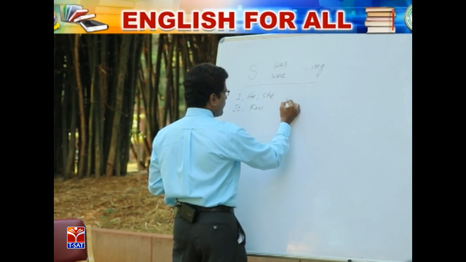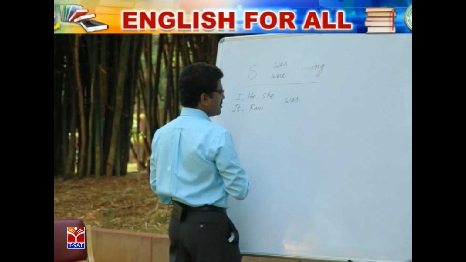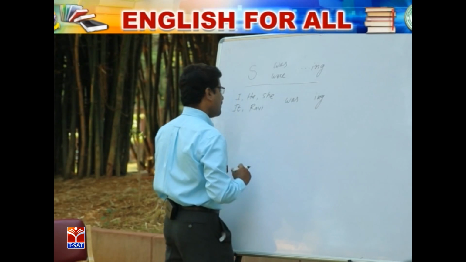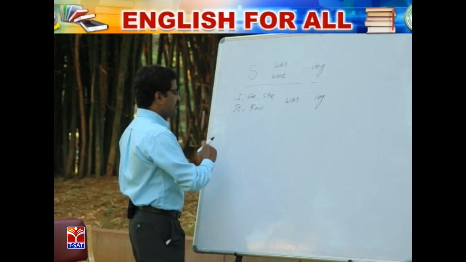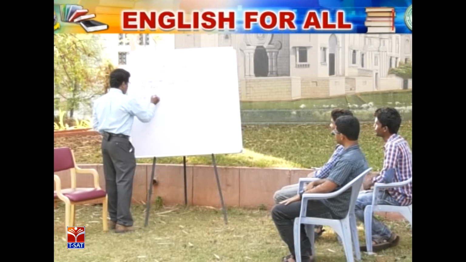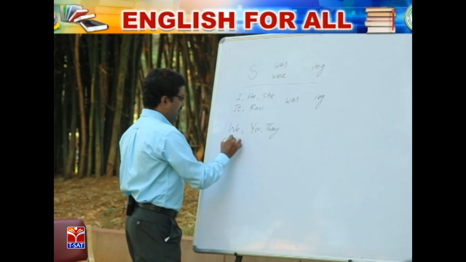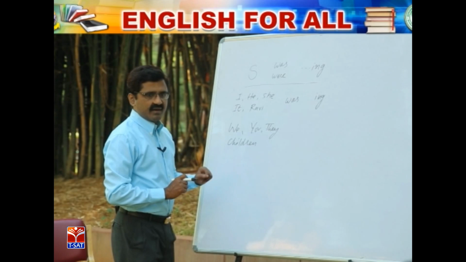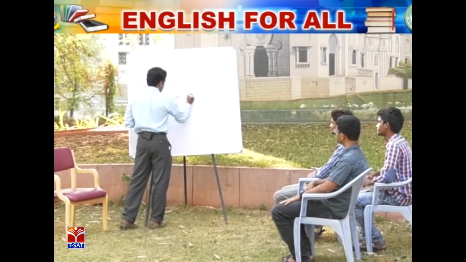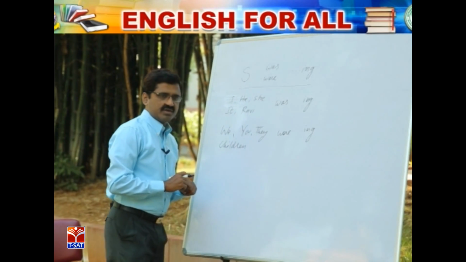So therefore, we need to keep was, of course, followed by ing form. Now, who are the other people who are left out now? We, you, they, and any plural noun, children. They are all plural forms. So they need were plus ing form. So this is called structure.